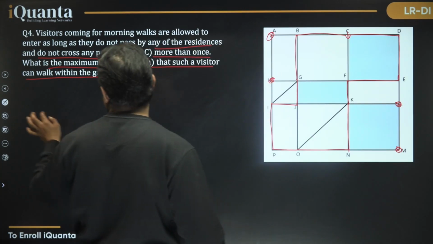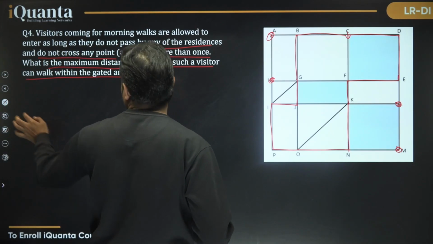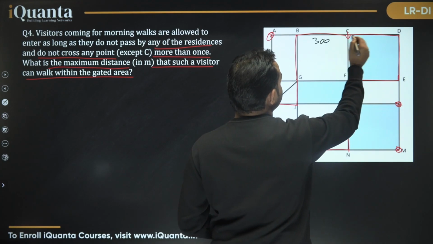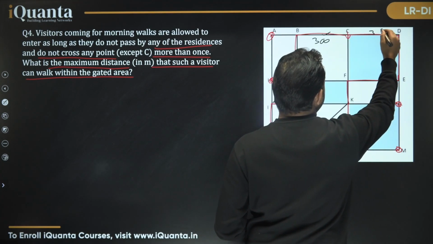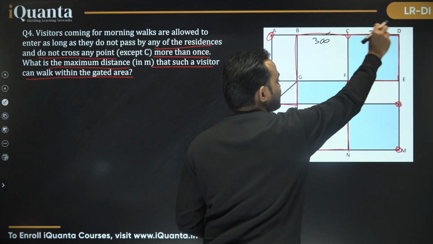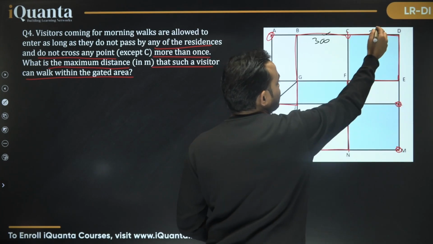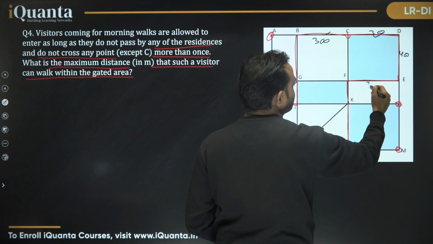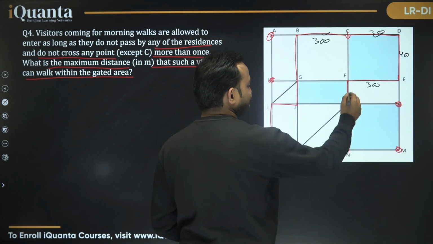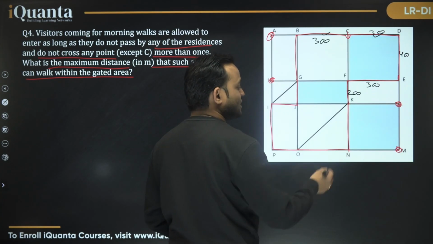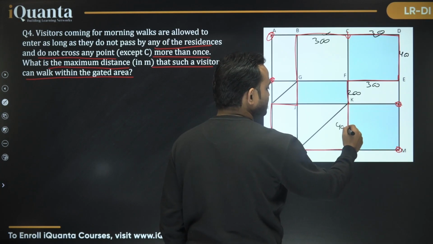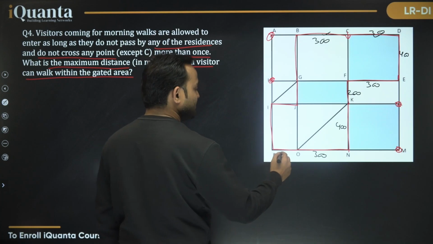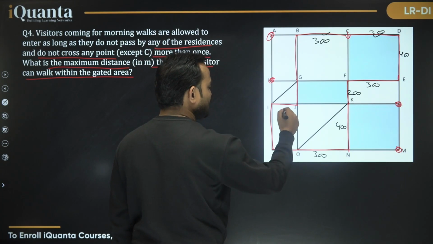Now let's try to calculate the total distance. What will be the total distance? This is 300, 300 plus 300, or maybe let's count it while we are going. So 300 plus 400, 700 plus 300, 1000 plus 200, 1200, this is 400, 1600 plus 300, 1900 plus 150 and 150.